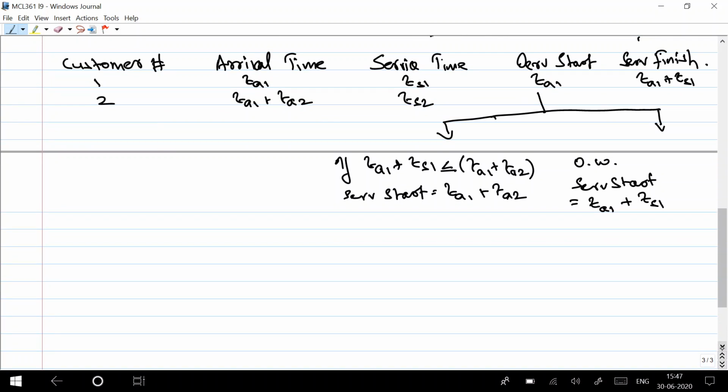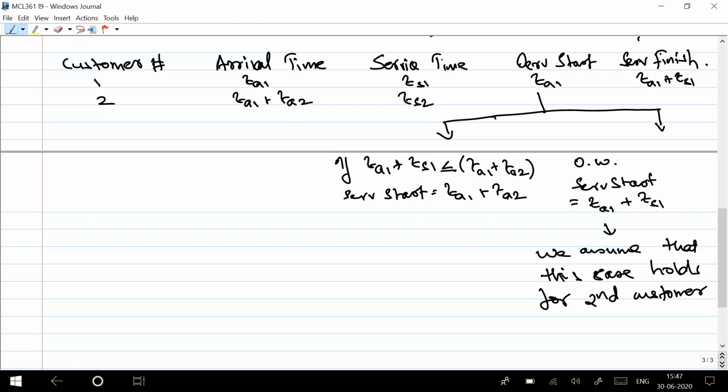So let's assume for now that this case holds for the second customer.